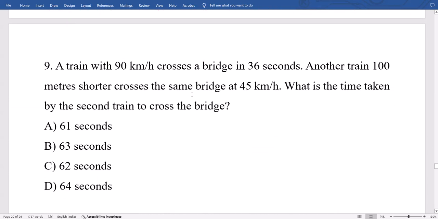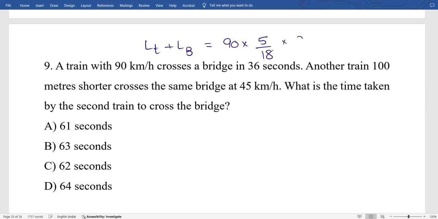Now series 9th question related to time and distance. A train at 90 km per hour crosses a bridge in 36 seconds. So from this, length of the train plus length of the bridge. Speed is 90 kilometer per hour.